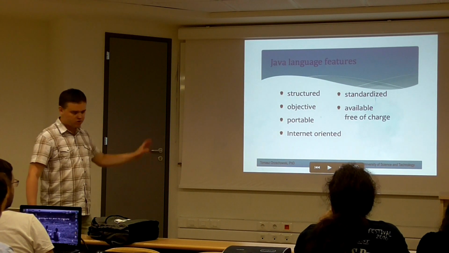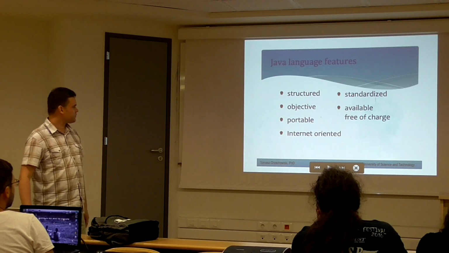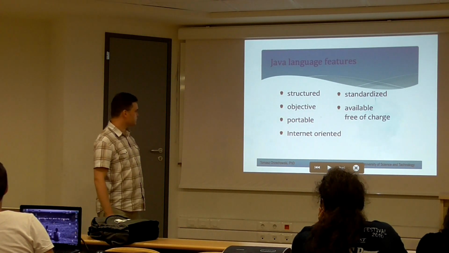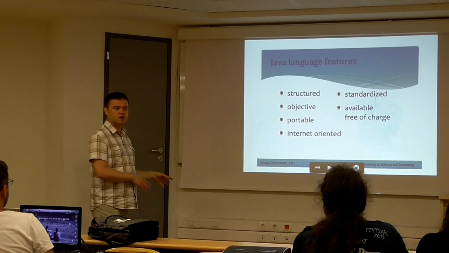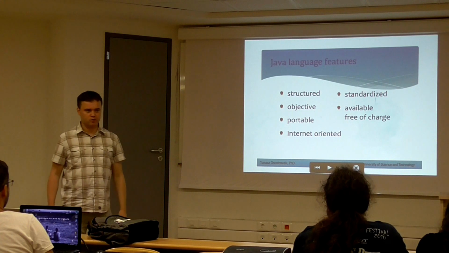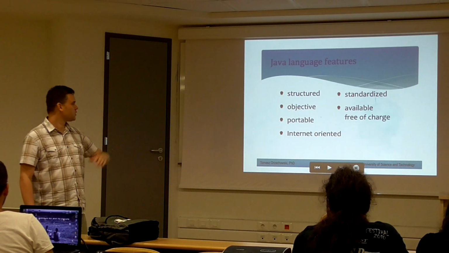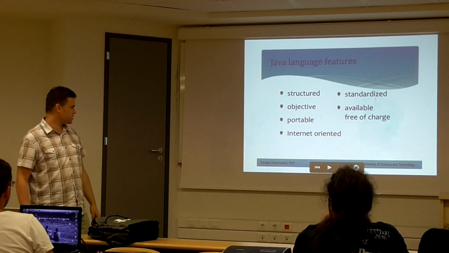Okay, just some features. The most interesting in that list is that it's portable, so you can create your application and run it on different platforms. Of course, the Java Virtual Machine, the layer between your application and the operating system, must be installed.